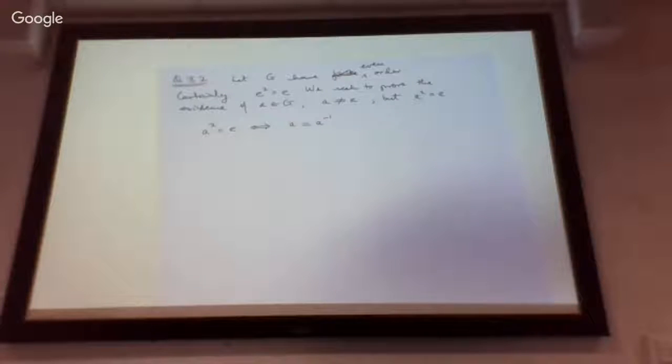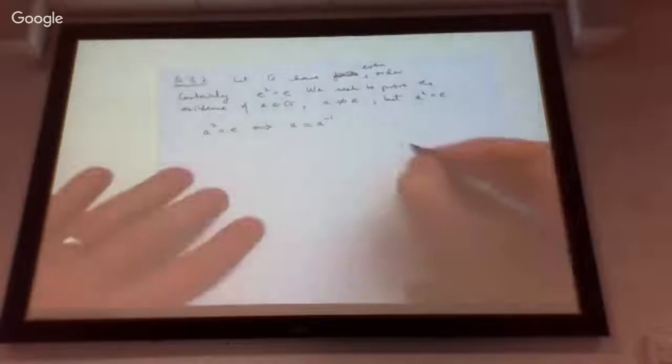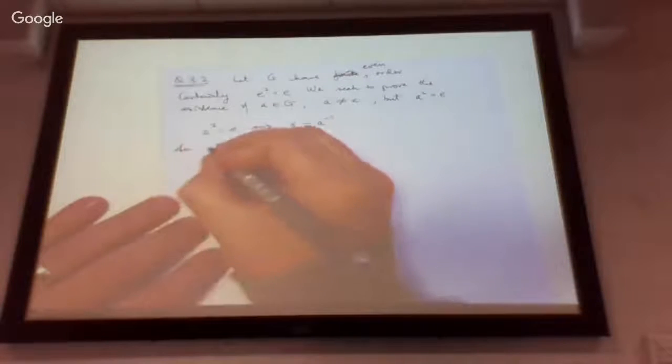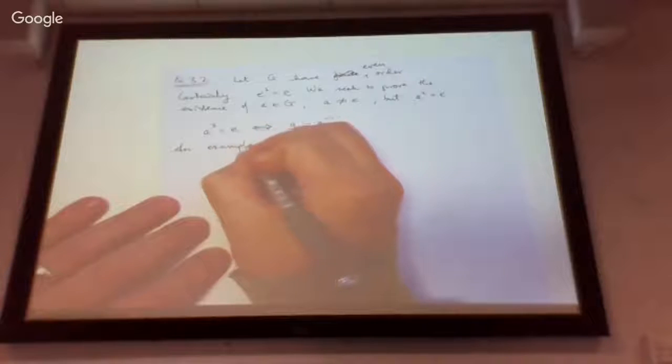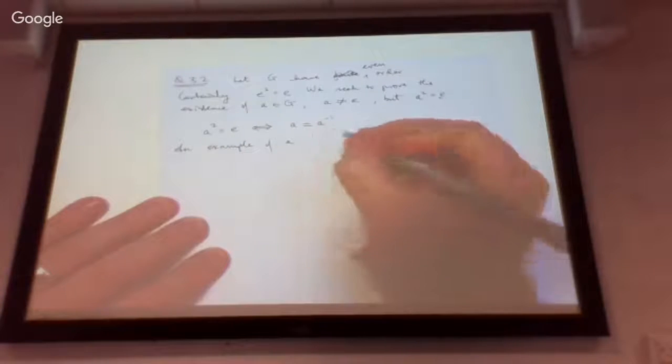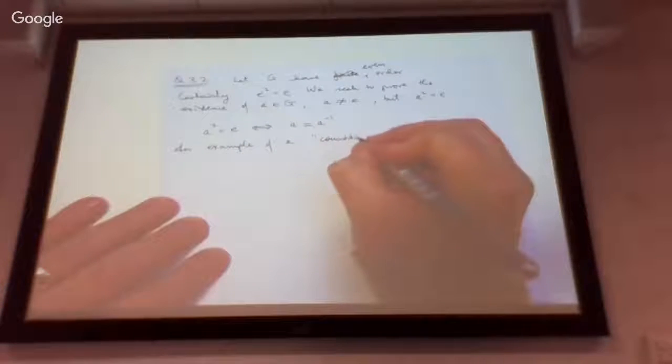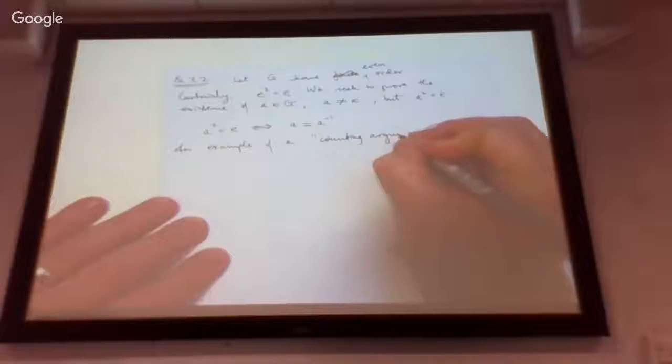And what is the connection here with evenness of the number of elements in the group? Well, this is a nice example of what we sometimes refer to generally as a counting argument.